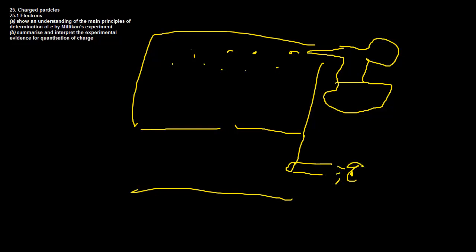So there's an eye, and then we have charged plates here, and over here we had a source of ionizing radiation, and over here we had a light bulb, a light source, so that we could obviously see what was happening.